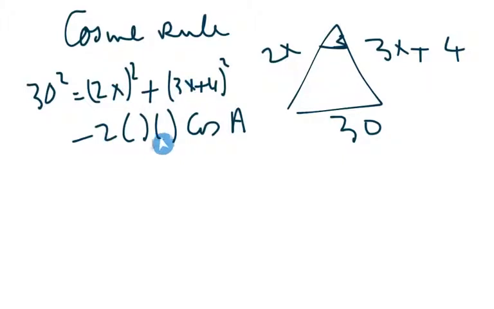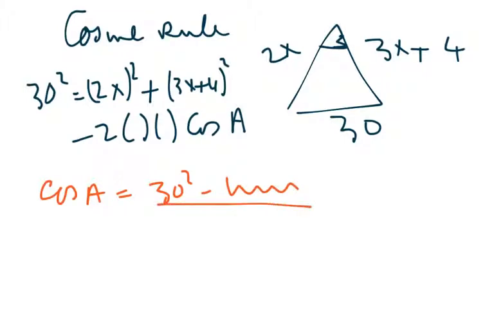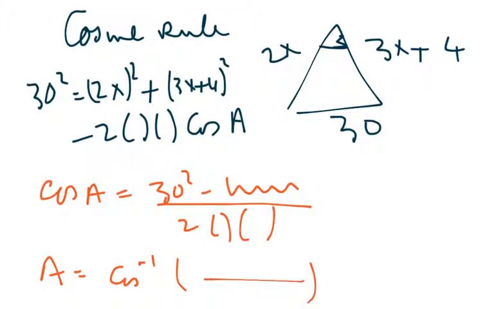So you're going to get cosine A is equal to 30 squared minus the whole gang of numbers, divided by 2 times those brackets. I hope this is making some sense. And then you're going to get A is equal to cosine minus 1 of all that stuff.